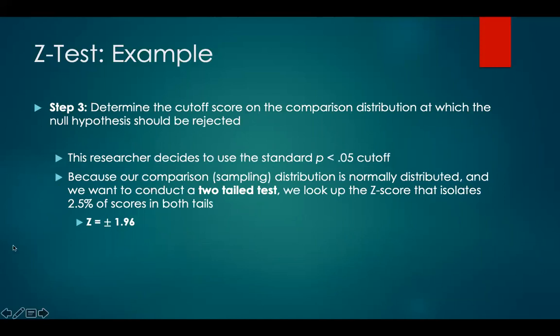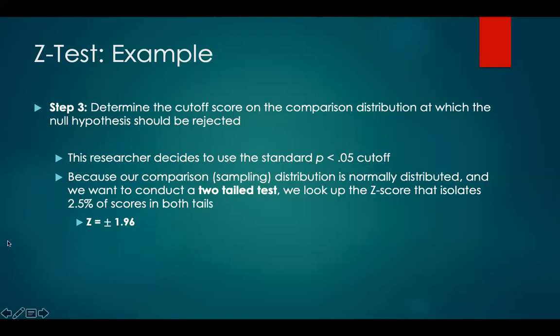Now, step 3 is to determine the cutoff score on the comparison distribution at which the null hypothesis should be rejected. This researcher decides to use the standard cutoff of p less than 0.05.